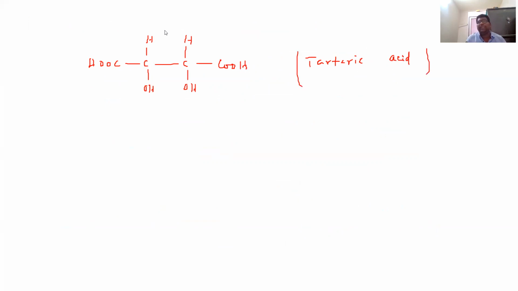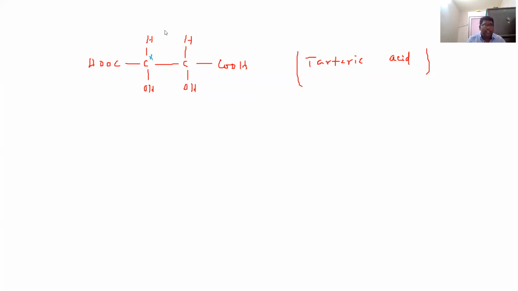Write down tartaric acid. So here COOH, here H, here OH, here H, here OH, COOH. This is tartaric acid. In this tartaric acid, how many asymmetric carbons, that means how many chiral centers are present?